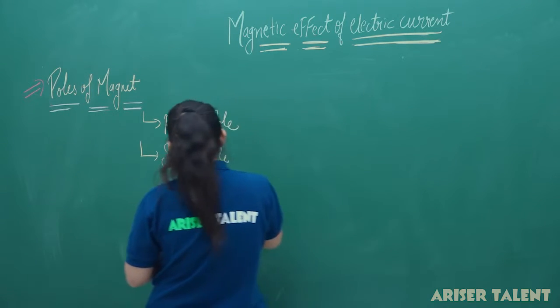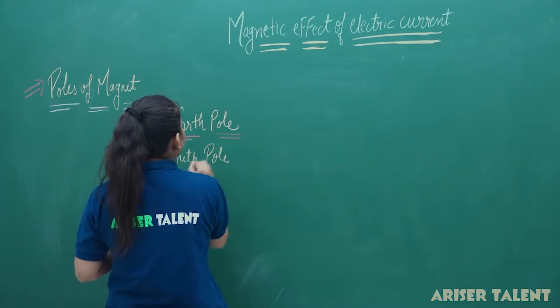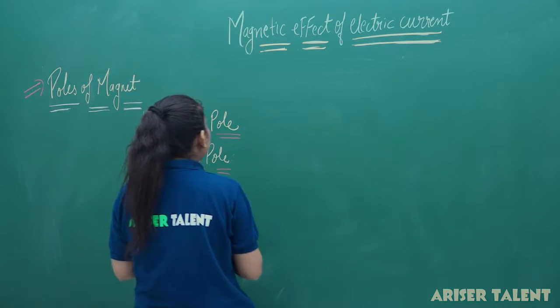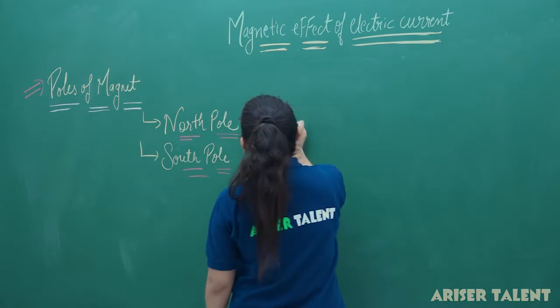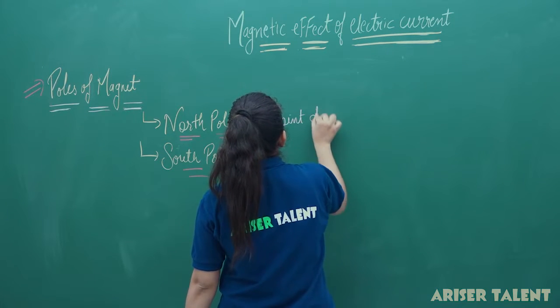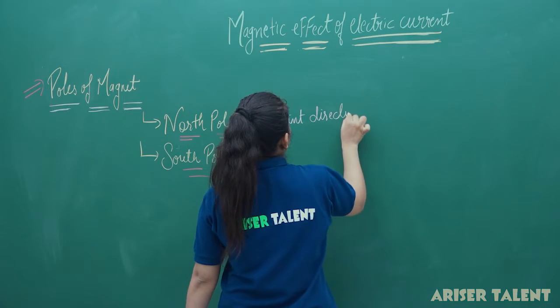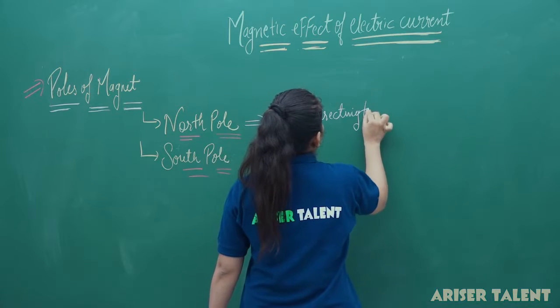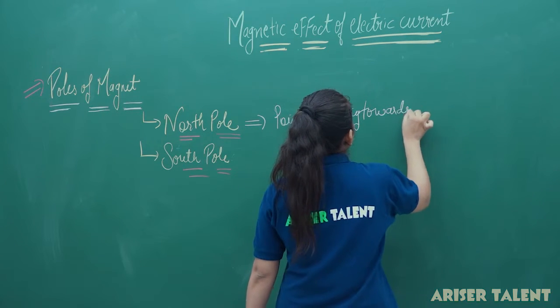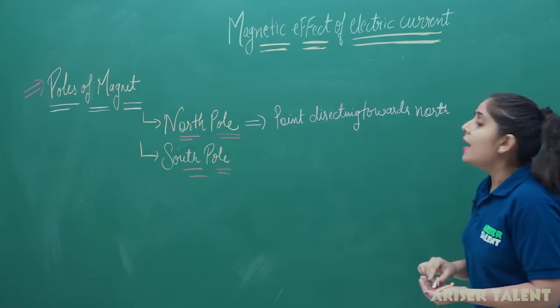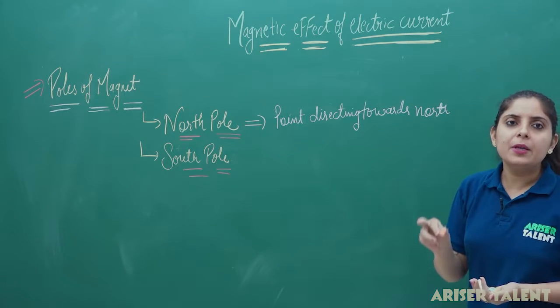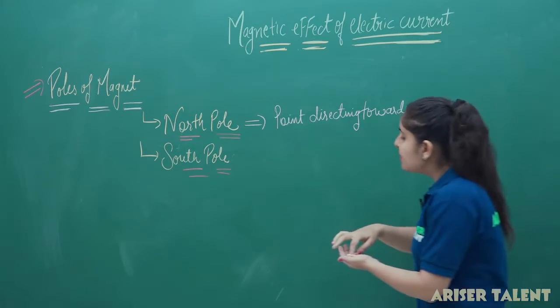North pole means if you suspend a magnet freely, or you align the magnet, it will have a point directing towards north. If a point is directing towards north, I can call this a north seeking pole. It may be called a north pole or the north seeking pole.